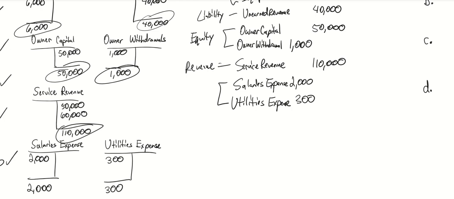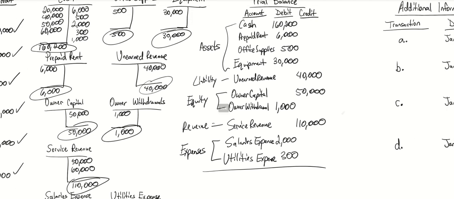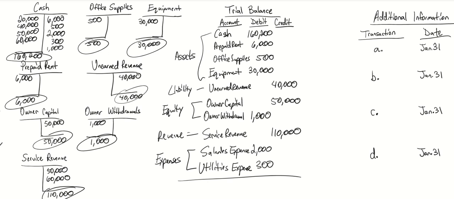Okay, and this is our expenses. Okay, so when we do the trial balance, again, assets need to be displayed first, then liability, then equity, then revenue, then expenses.